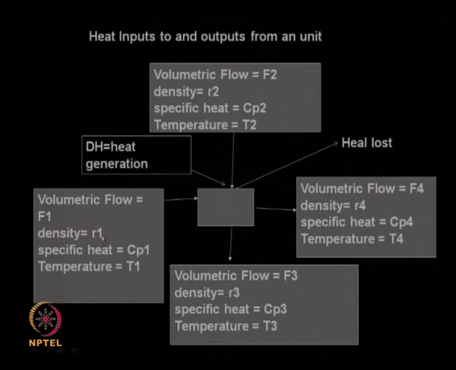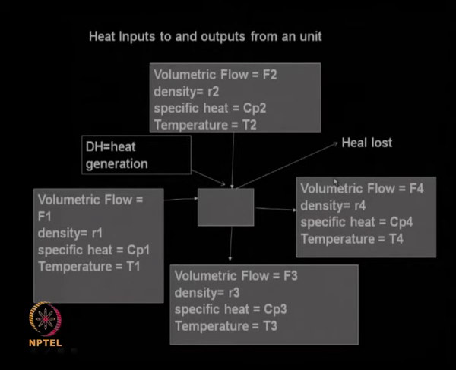For example, if you look at this particular flow sheet, you are having 2 fluids coming in and each fluid has a certain amount of heat, and there are 2 fluids going out and each fluid has a certain amount of heat in them. You are also generating heat. This heat could be generated because of a reaction, or it could be because of viscous forces, and you are also losing heat.